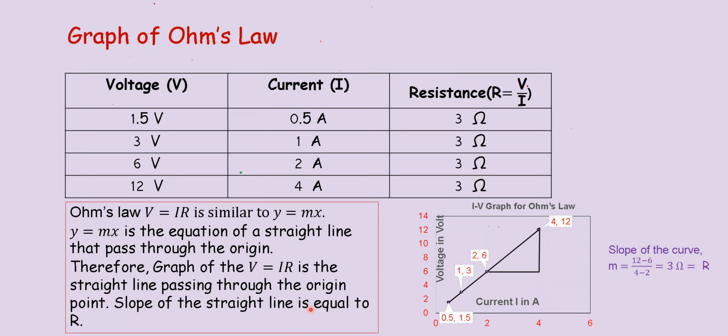The slope of the straight line is equal to R. Now, if we put current along the x-axis and voltage along the y-axis, we will get a straight line like this. And the slope of this straight line represents the resistance of the material, and that is 3 ohm.